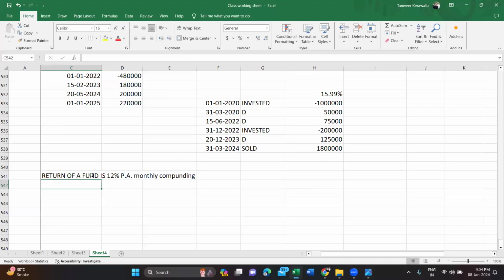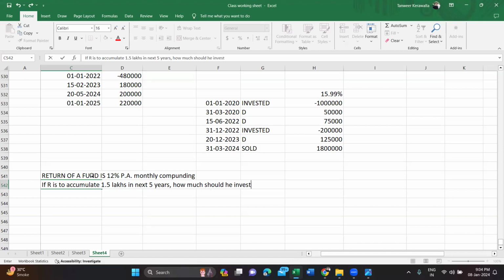If R is to accumulate 1.5 lakhs in the next 5 years, how much should he invest in the fund on every first of the month? This is the question.